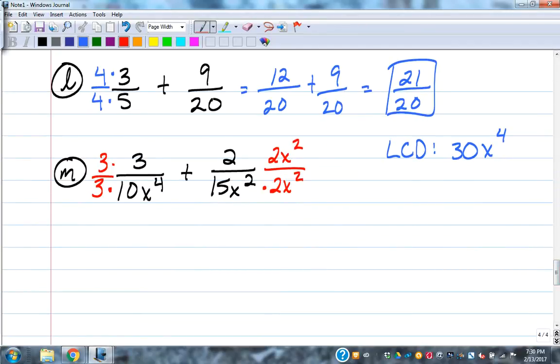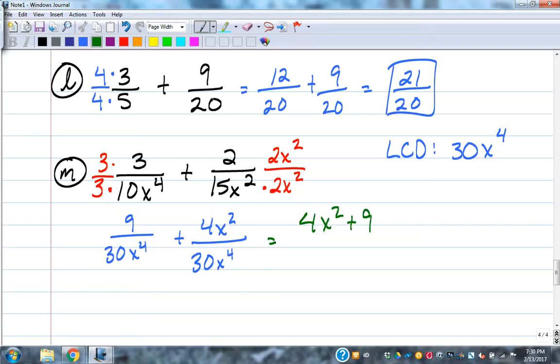And then when you work that part out, you get 9 over 30x to the 4th plus 4x squared over 30x to the fourth. And then you simplify by adding the numerators. I'm going to write it in descending order: 4x squared plus 9 over 30x to the fourth.